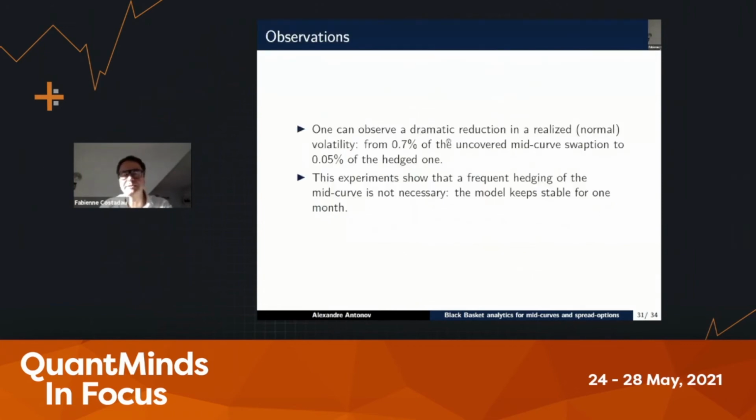So we can say that we have a dramatic reduction in realized normal volatility from 70 basis points of the uncovered mid-curve option to 5 basis points of the hedged one. So this experiment shows that frequent hedging of the mid-curve is not necessary. We can keep the same hedges at least for 1 month.